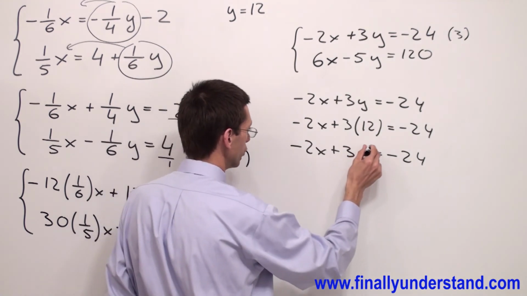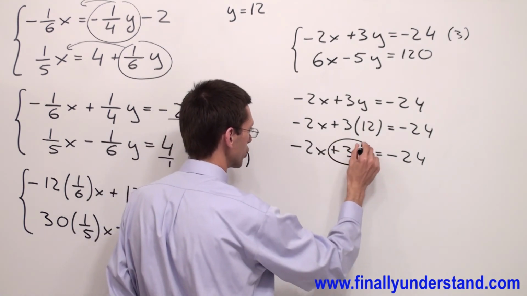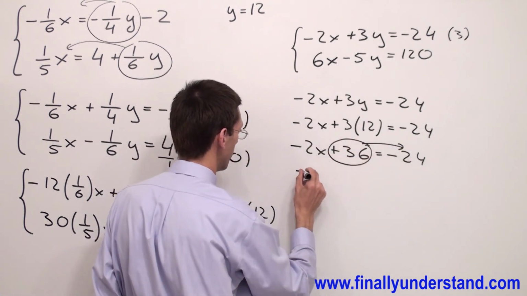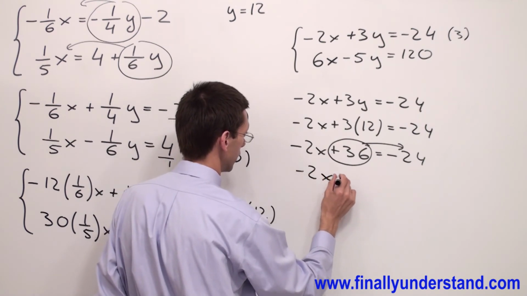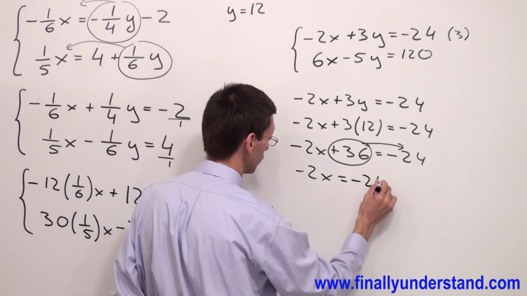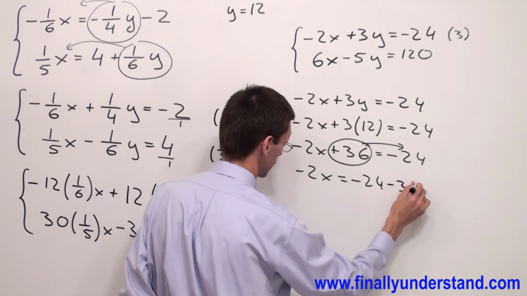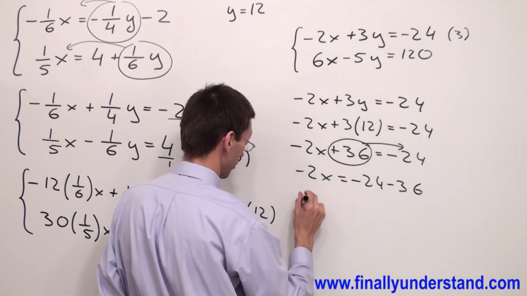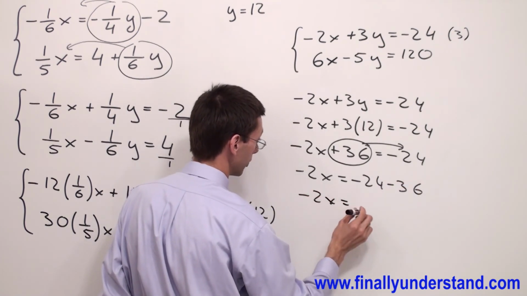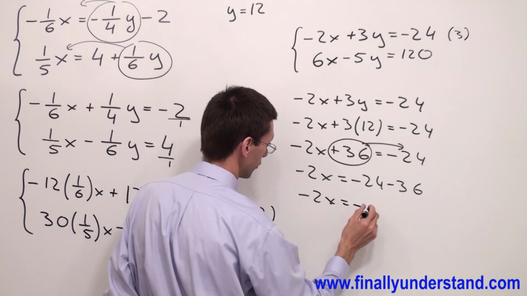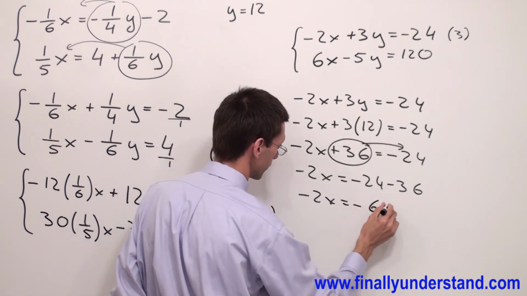Next, I move my positive 36 to the right side, and I have minus 2x equals minus 24 minus 36. Minus 2x is equal to negative 60.